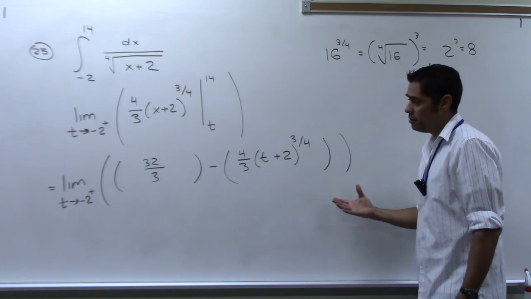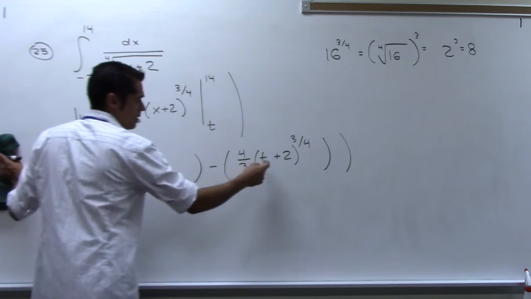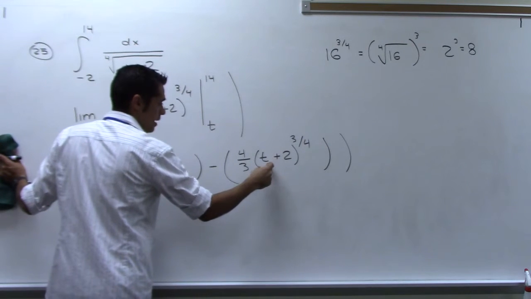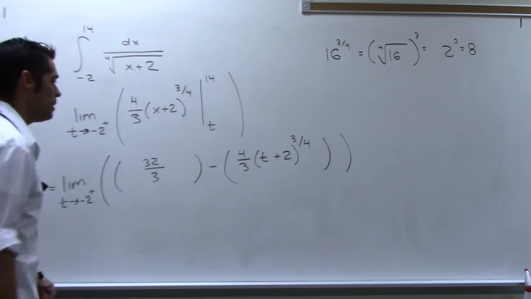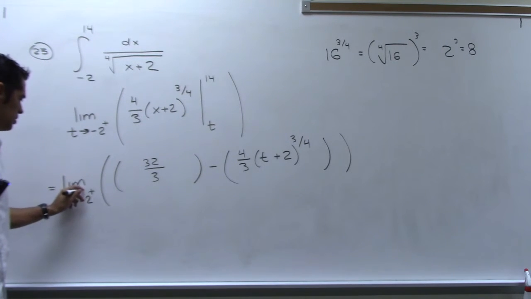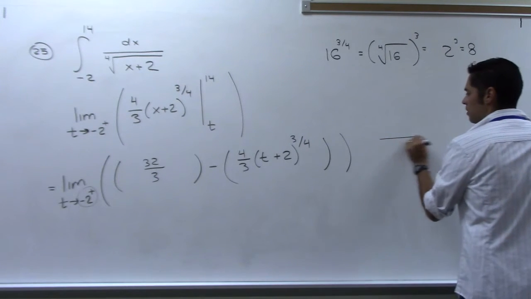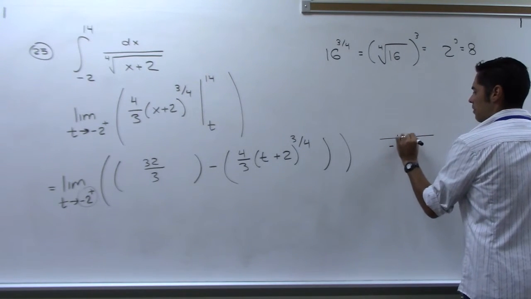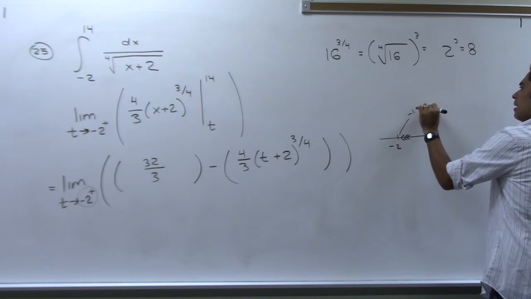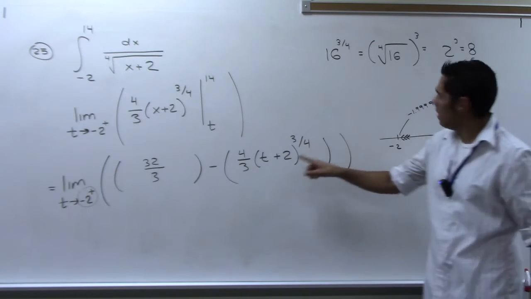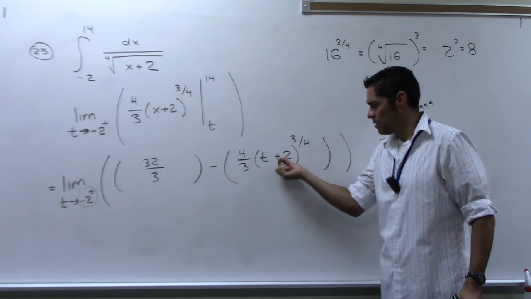And now what I need to do is let t approach -2. So if I let t become -2, -2 plus 2 is 0, and 0 to any power should be 0. The only thing I have to pay attention to is that I'm approaching it from the right. And the reason that's important is because if you come in from the right, you're looking at numbers like -1.99999, that when I put something like that in here, I'm going to get a very, very small positive number.